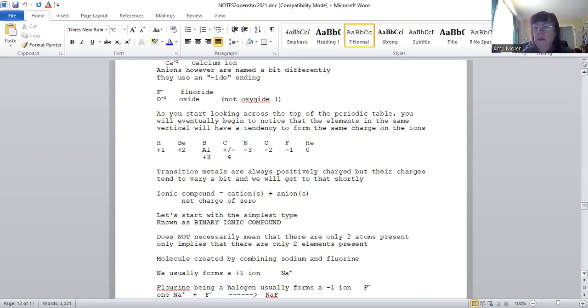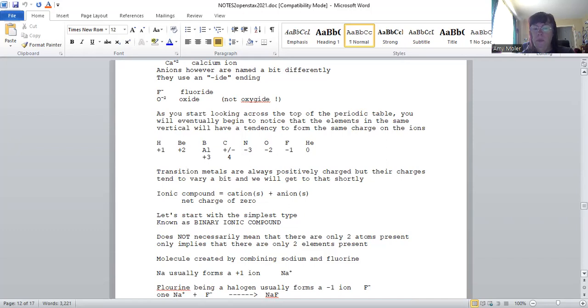Carbon, silicon, occasionally the stuff lower has plus or -4. It will depend upon what it is actually stuck to. Nitrogen, phosphorus, etc., -3s. Oxygen, sulfur, selenium, -2s. The halogens, -1s. And the noble gases, generally 0.